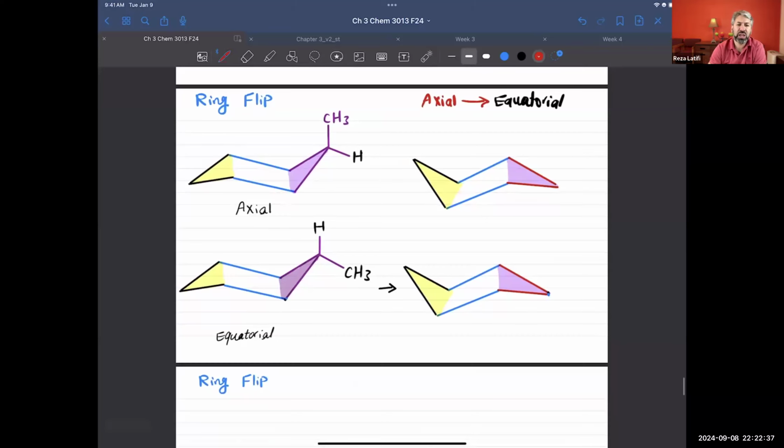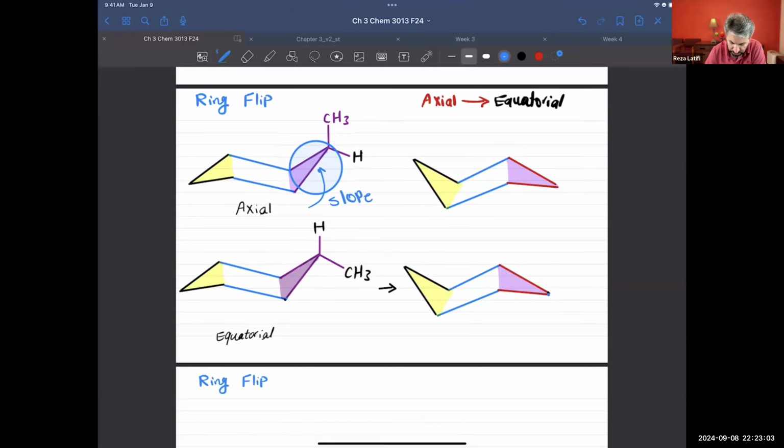When it comes to cyclohexane, we said the best structure for it is the chair conformation. But the chair conformation can actually flip to another form. And what I mean by another form is, if you highlight this region, as you see, the slope here is positive.